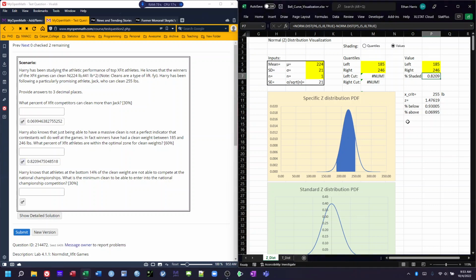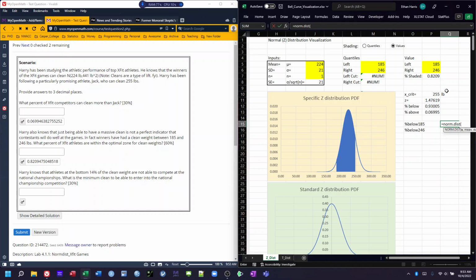Now, if we were going to do this by hand, I would want to know the percent below 185. And then I'd want to know the percent below 246. And then I could subtract them from each other. So let's do that. Percent below 185 is going to be equal to norm.dist. And we have our critical point.